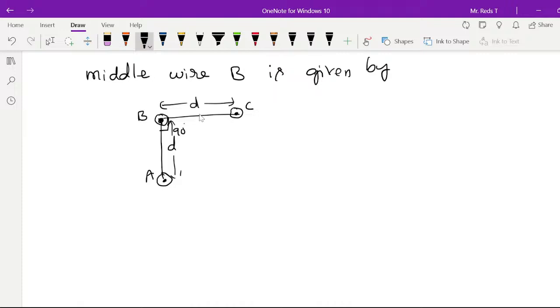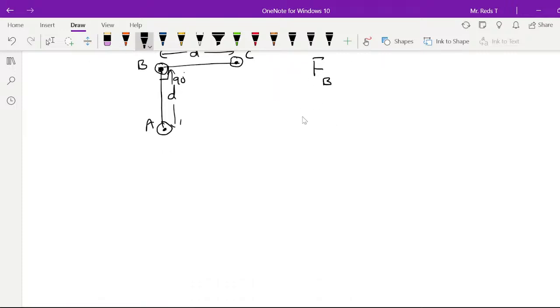You can read the question once again clearly and note down the given data, and you can carry on. If they are long wires, it means you can consider them as infinite current carrying conductors. Now for total force on B, note down the options first, then you can go through the solution.